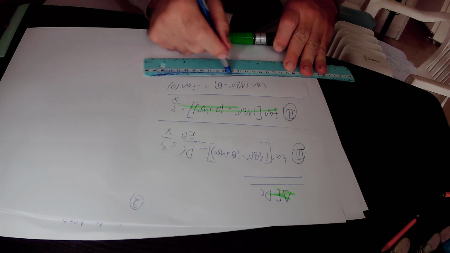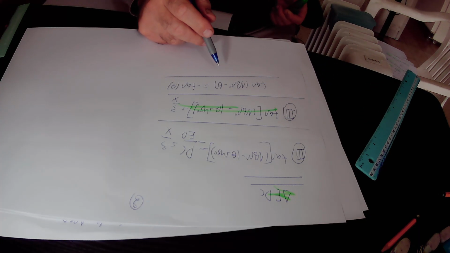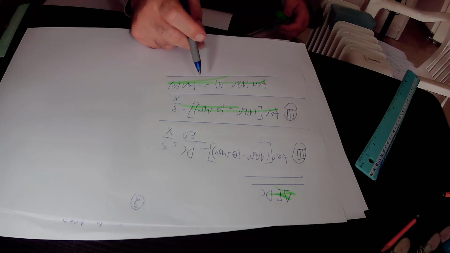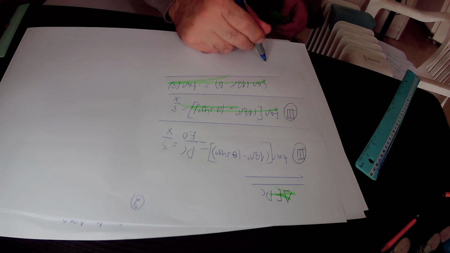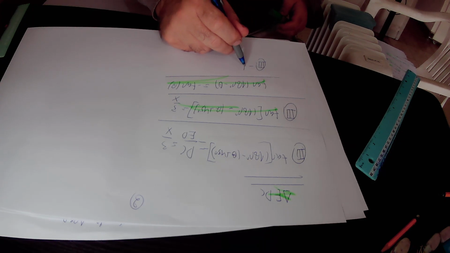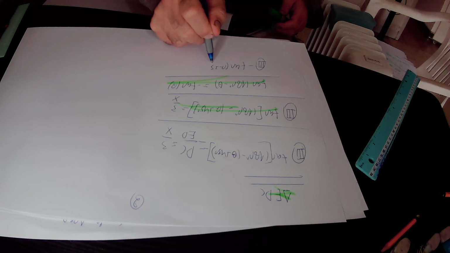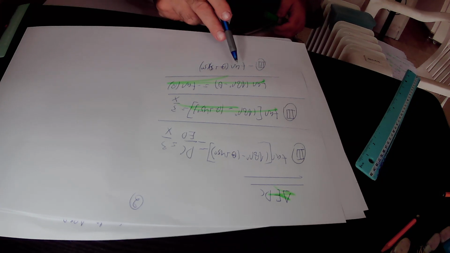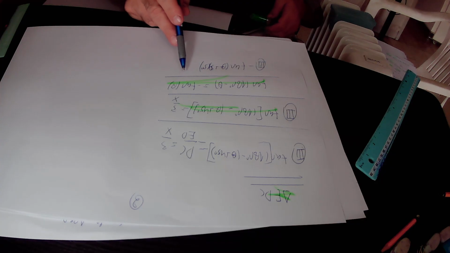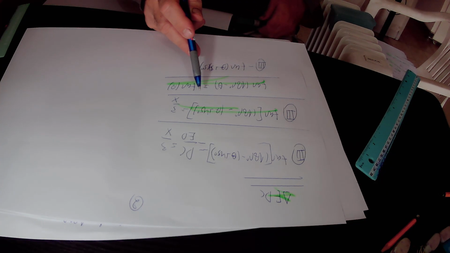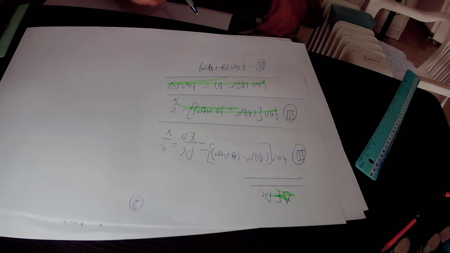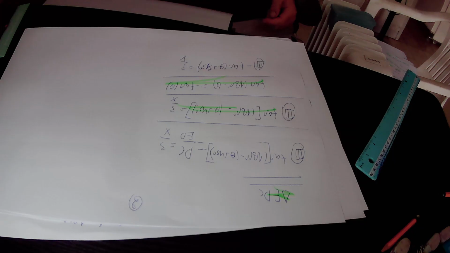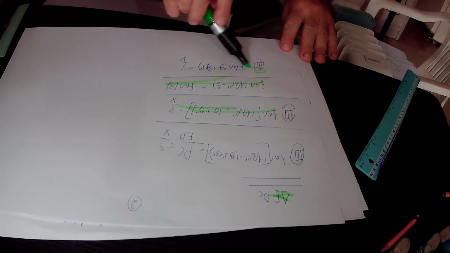According to this identity, the tangent of 180 degrees minus the quantity theta plus 45 degrees will be equal to minus tangent of theta plus 45 degrees, and it equals 3 over x. This is according to equation 3.